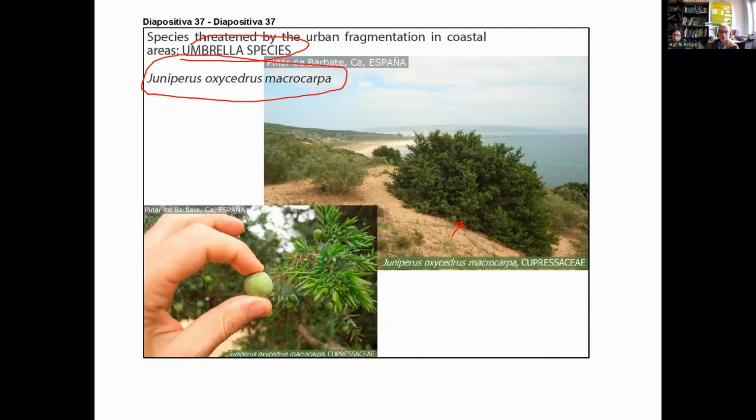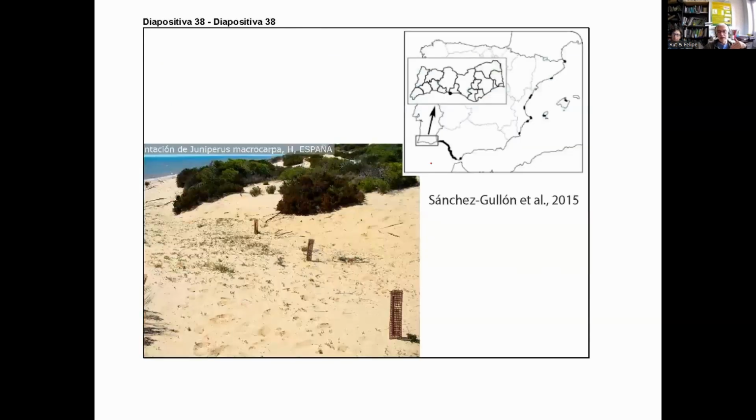And we have this which grows by the coast in the whole Mediterranean line, and you can use this type of species to try to protect the rest of the ecosystem. Well, if you are able to protect a tree, you will be able to protect a herb or something smaller.